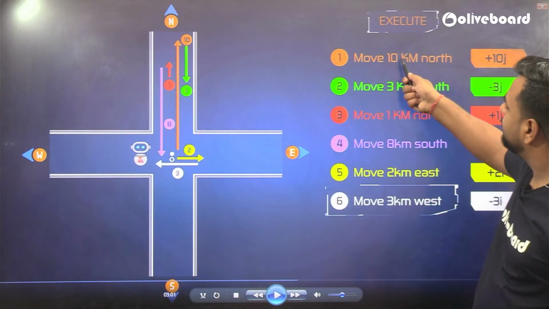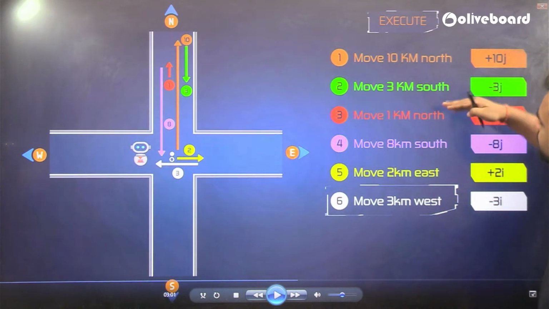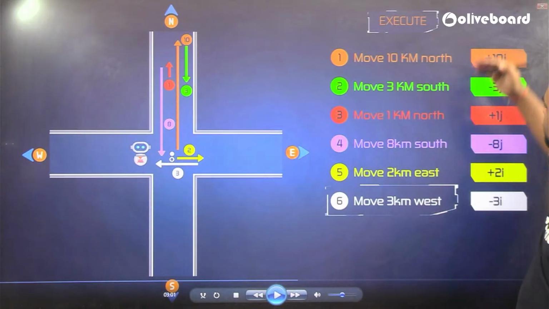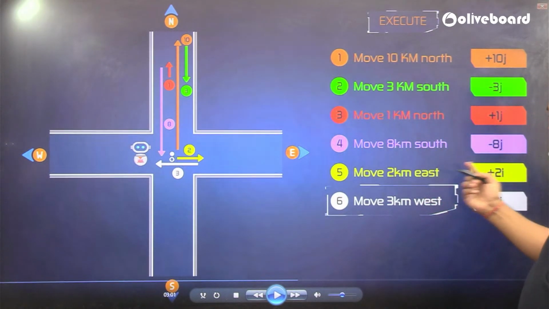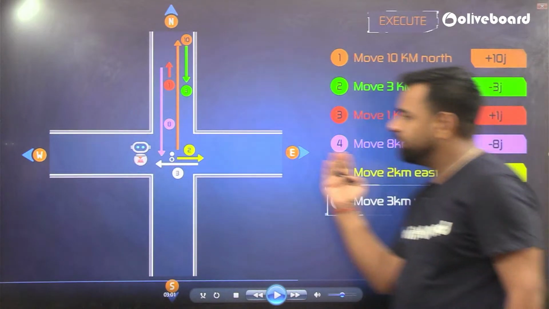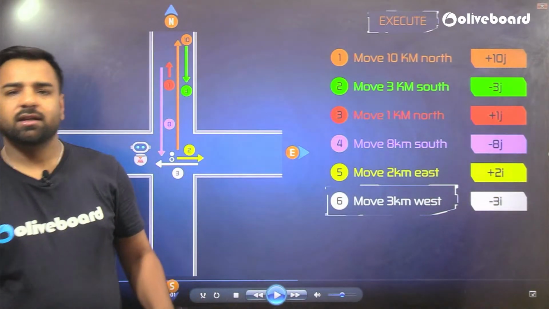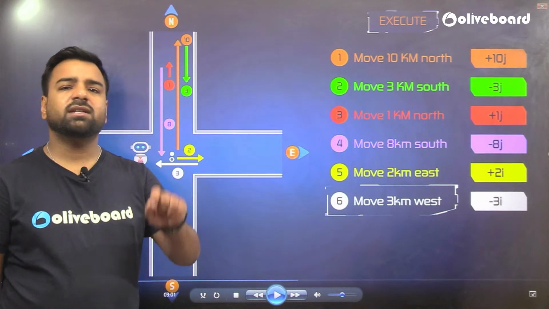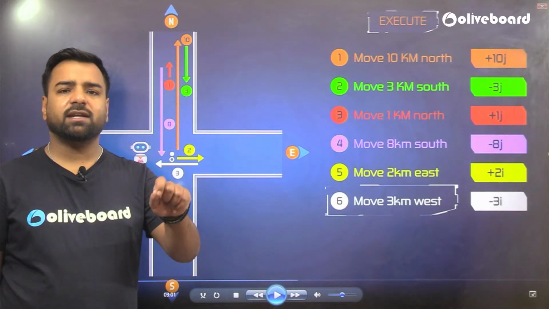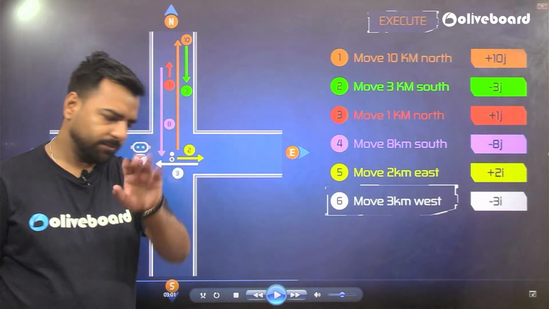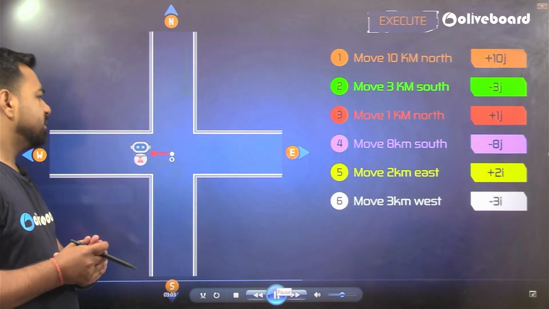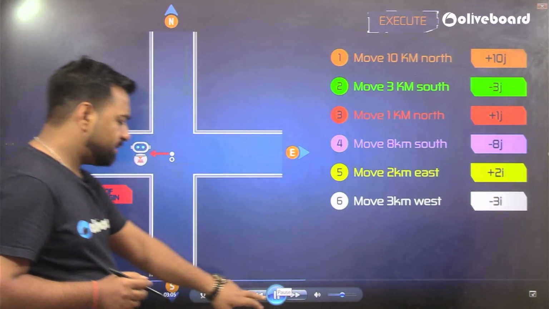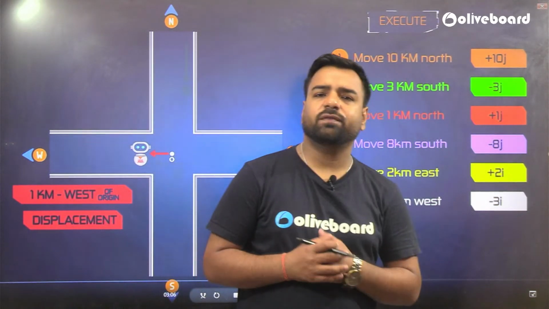So it is like 10 kilometers to the north, so that is 10j, 3 kilometers south, so that is minus 3j, 2 kilometers in the east, that is plus 2i, and 3 kilometers in the west, that is minus 3i. So this gives us clarity how these i cap, minus i cap, j cap, and minus j cap were used, right? Perfect.